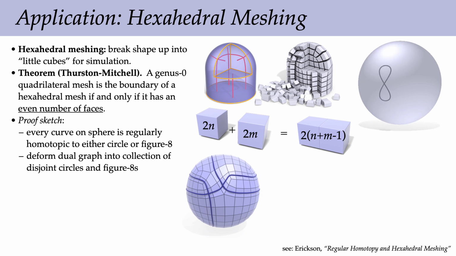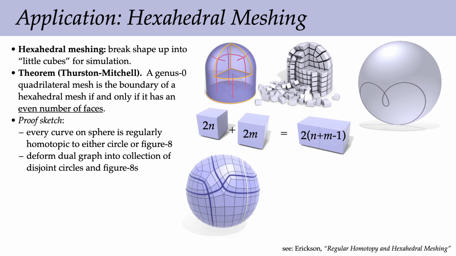Eventually, because there are a finite number of quads on the surface, I'll get back around and make a closed loop. So I have this funky closed loop that wanders around the surface, or maybe a simpler closed loop that just goes around a small cycle of quads. And I can keep going. I can keep tracing out these curves until I've covered all of the quads in my mesh.